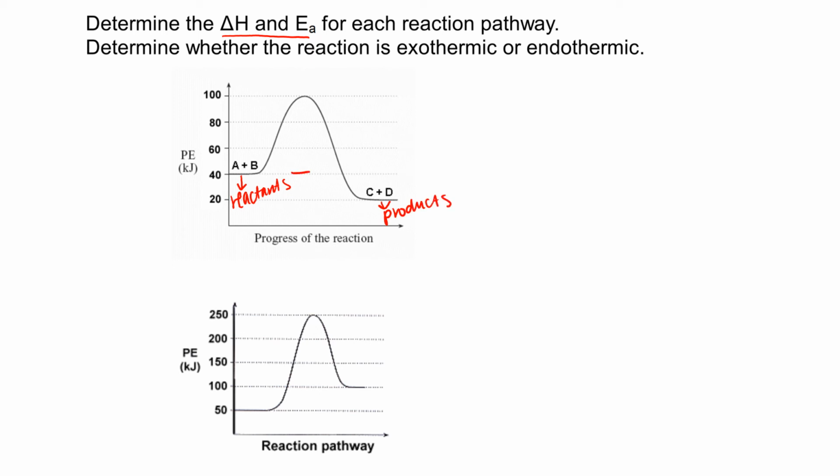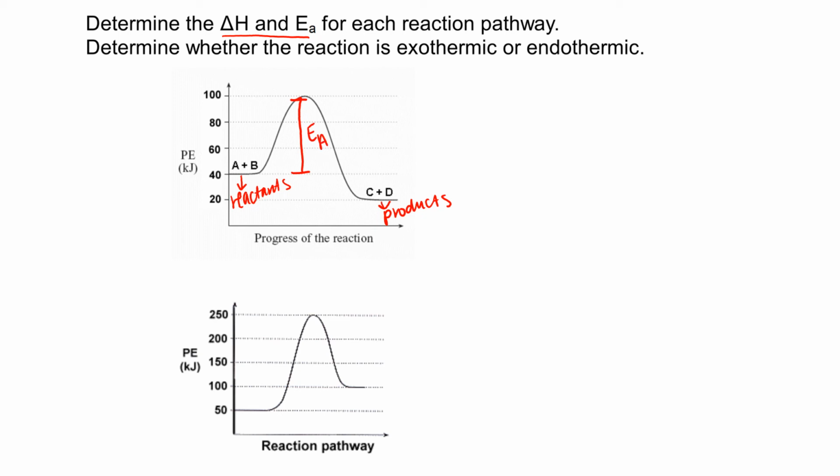What is the term we use to talk about the energy needed by the reactants in order for the reaction to occur? Hopefully you remember that this is going to be our activation energy.